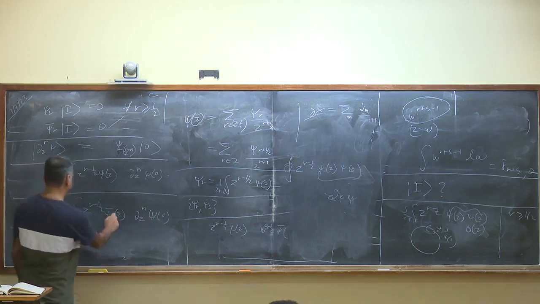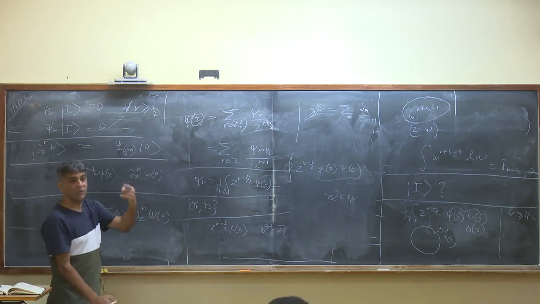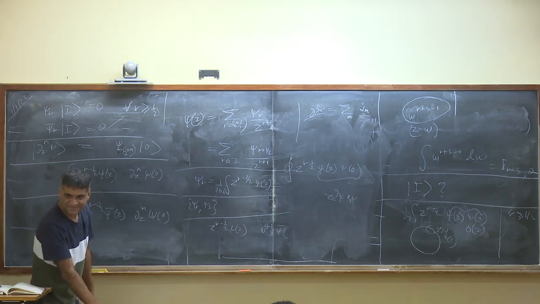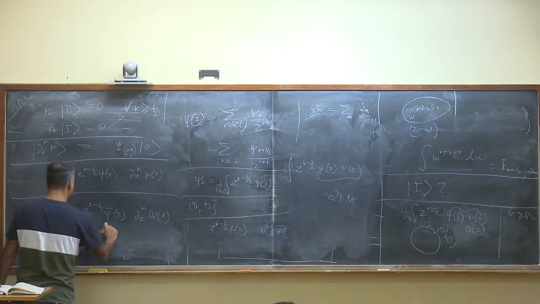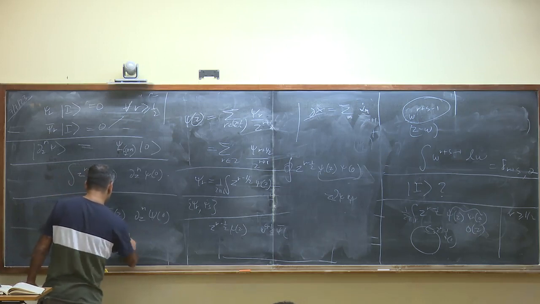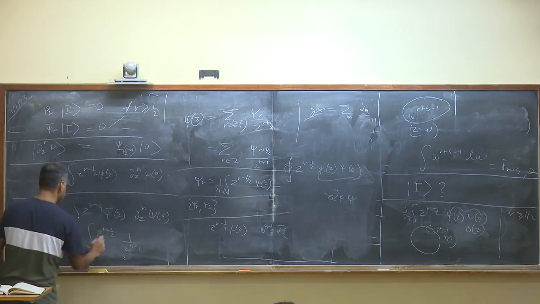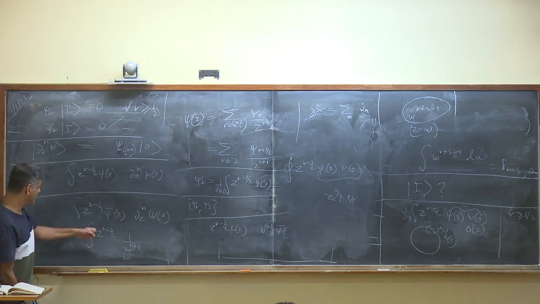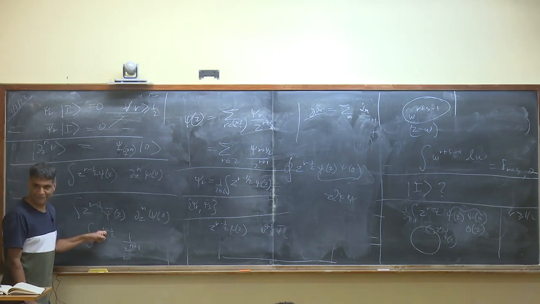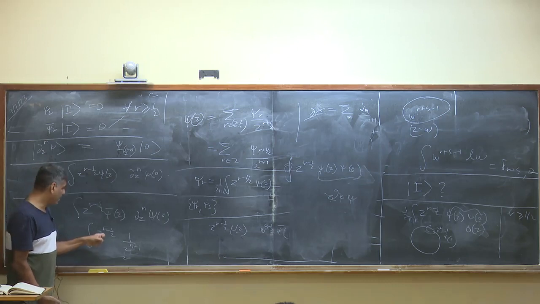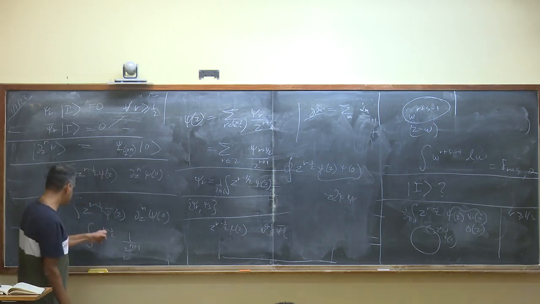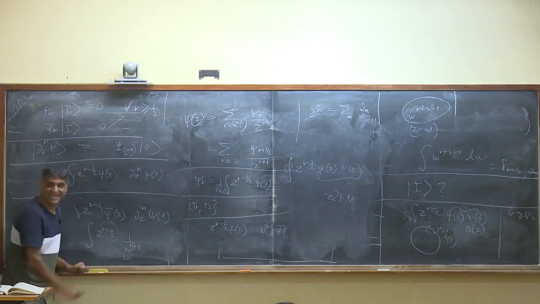This guy, psi bar with psi, gives us a 1 by z. You take n derivatives, it becomes 1 by z to the power n plus 1. I'm not keeping numbers. Okay, so we will get z to the power r minus half divided by z to the power n plus 1, integral. Now this guy, for r greater than or equal to half, is 0 except when this thing becomes n.